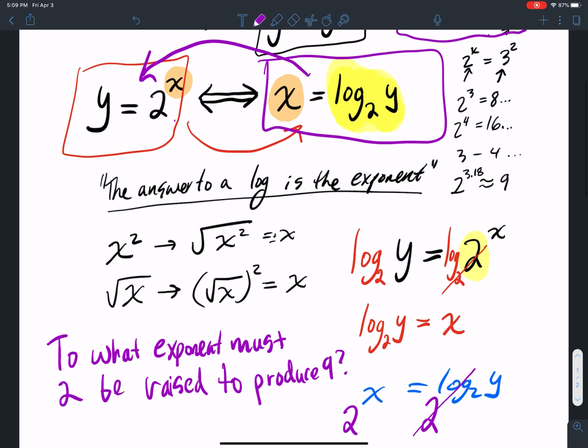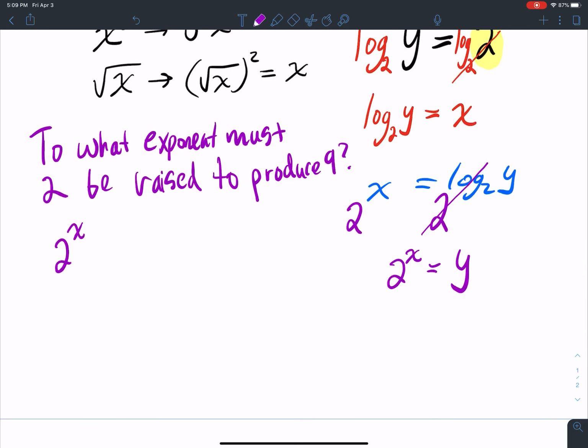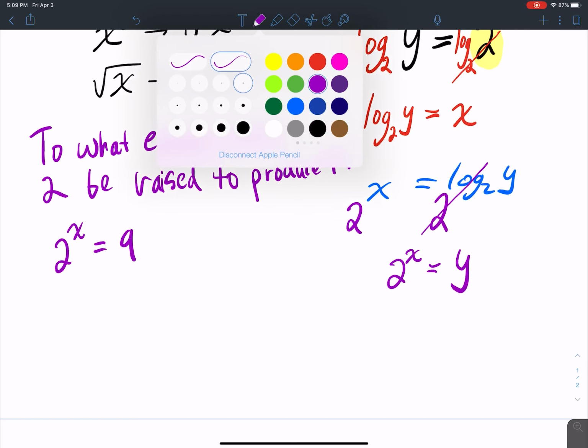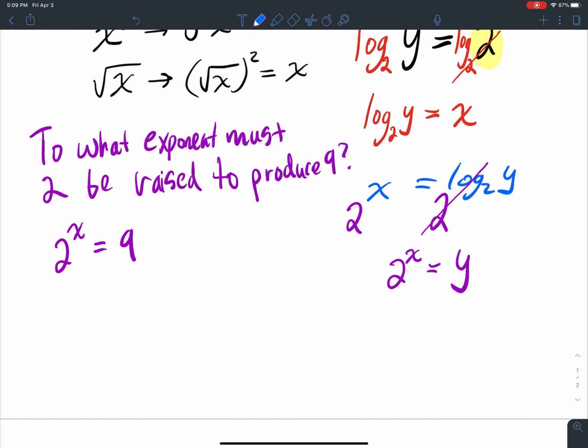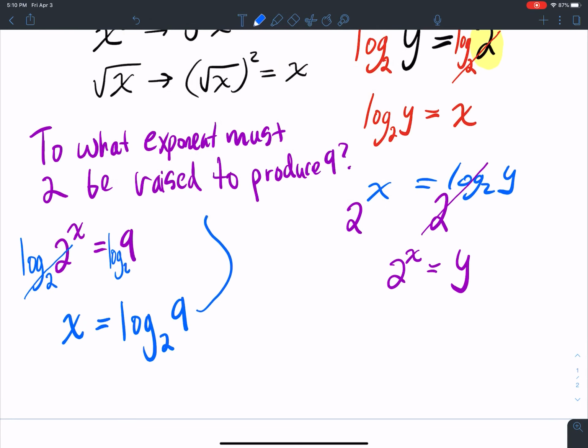So going back to our example here, I had 2 to the x equal to 9. And if I want to convert this to a log, what do I do? I log base 2 both sides, because if I log base 2 both sides, that cancels, and I have x equals log base 2 of 9. Now the question this answers is, to what exponent must 2 be raised to produce 9?